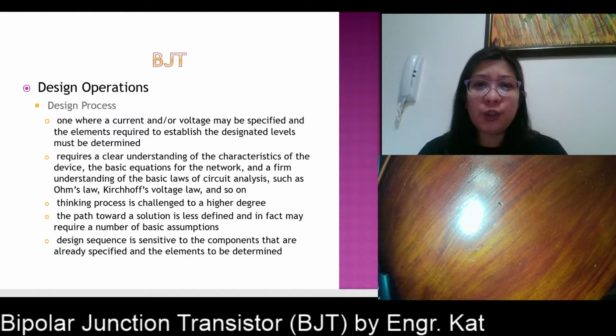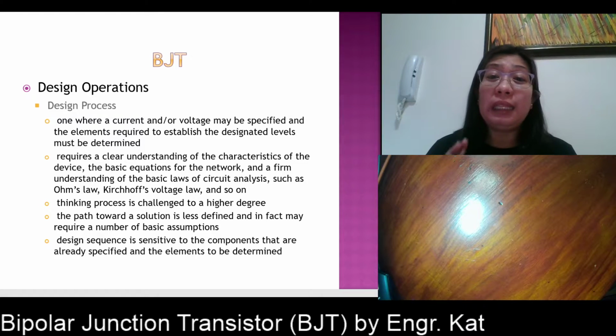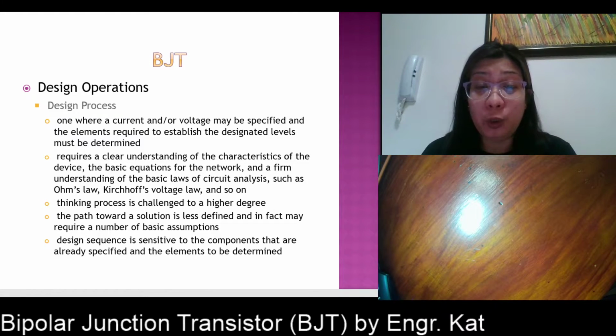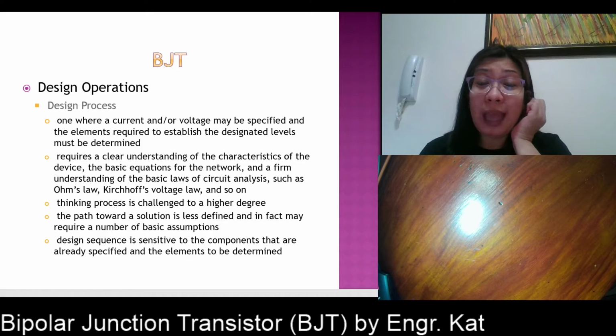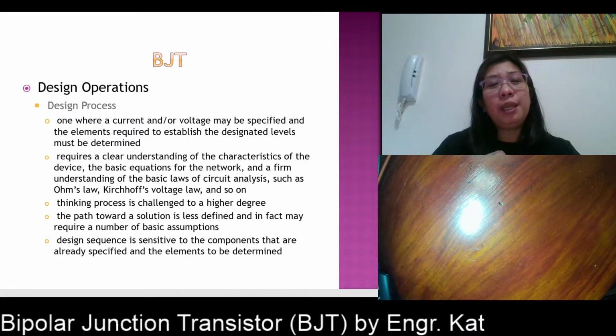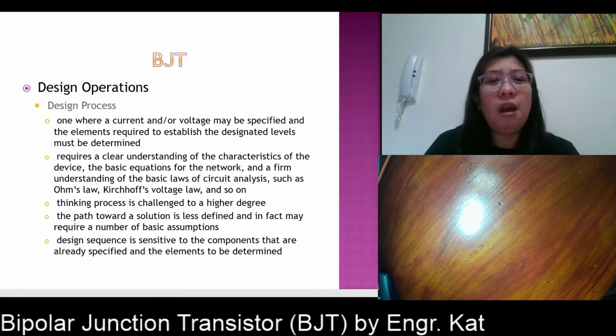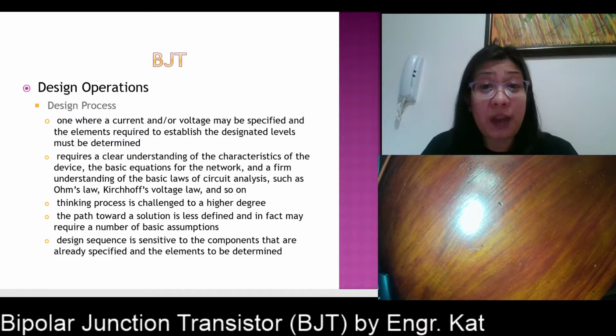What we have to establish is what resistors we are going to use so that we can have those different current and voltage parameters. In the design process, this requires a clear understanding of the characteristics of the device.